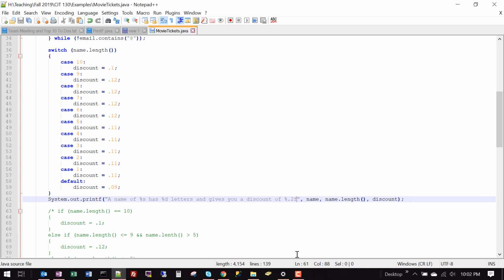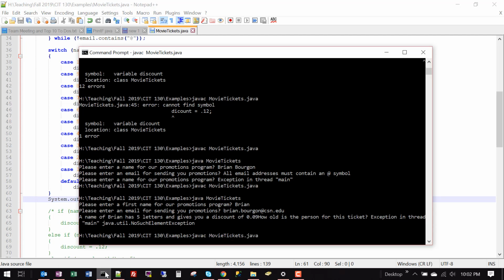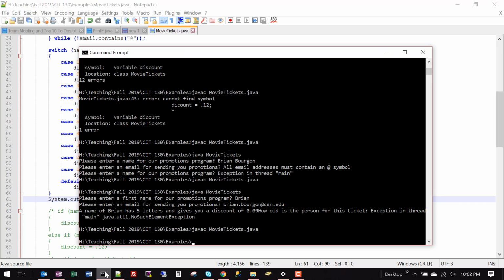Now we could use the \n. That works because escape characters will work even in a printf. But we can also use a %n, and that's what most people will do because it's a printf and it understands these percent pieces. The %n is what we use most of the time in a printf to get that same functionality. Let's go ahead and compile it.